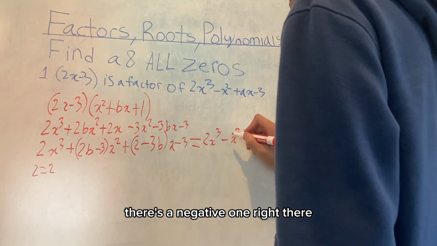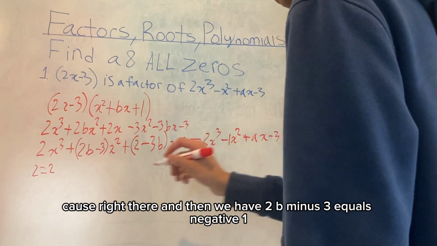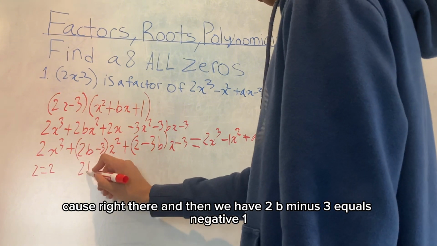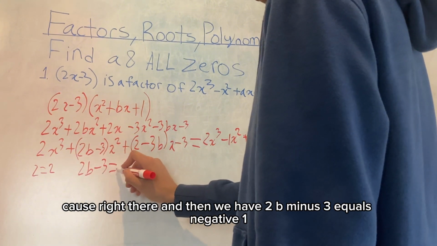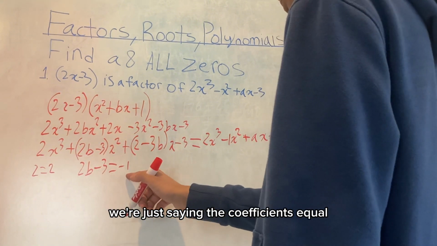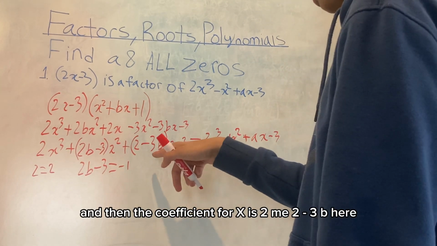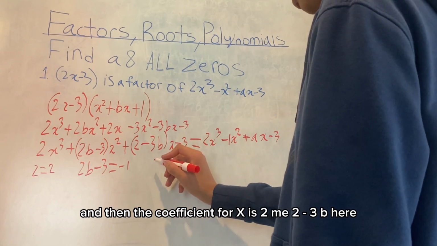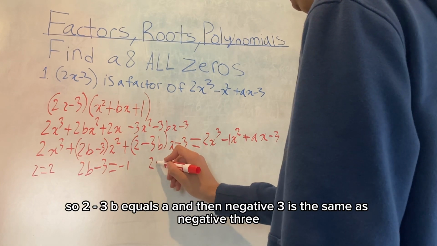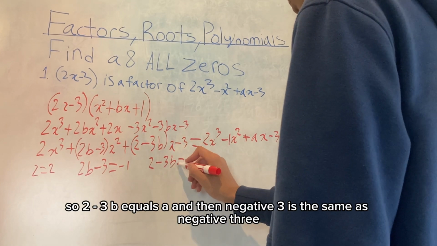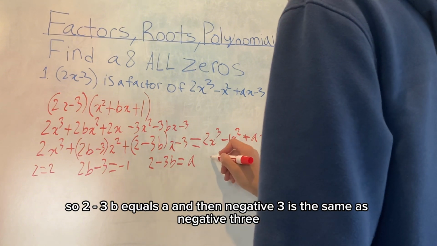So we have 2b minus 3 equals negative 1. We're just setting the coefficients equal. And then for x, the coefficient is a here, and the coefficient for x is 2 minus 3b here. So 2 minus 3b equals a. And then negative 3 is the same as negative 3.